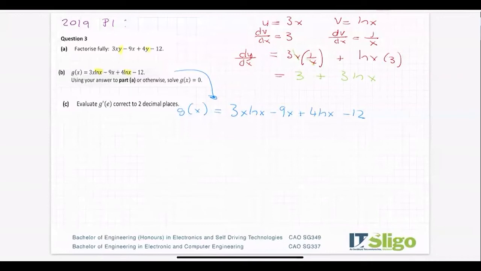So let's then finish off our differentiation down here. So g dash of x equals 3 plus 3 ln of x minus 9 plus 4 over x, and then the minus 12 disappears.